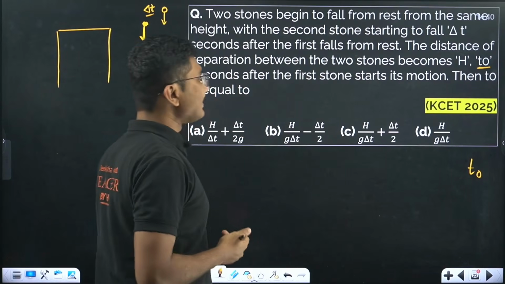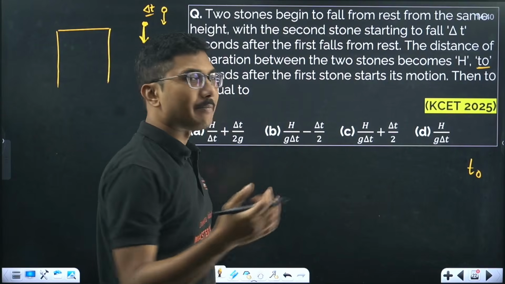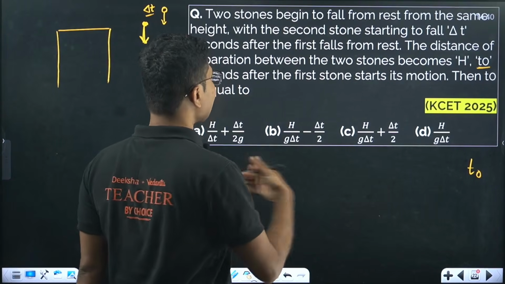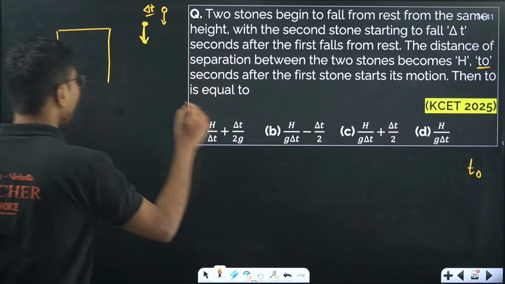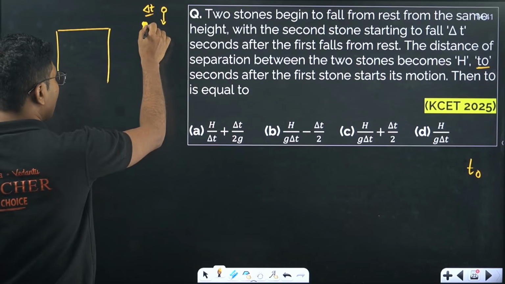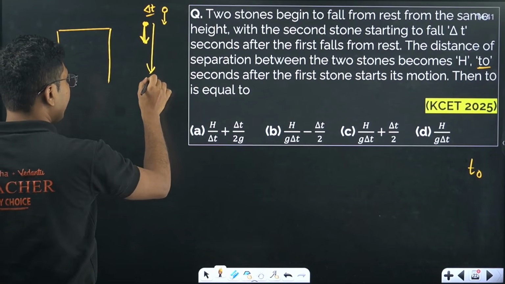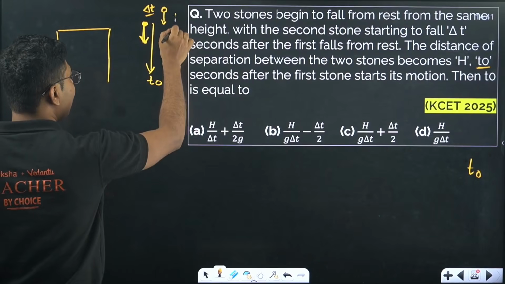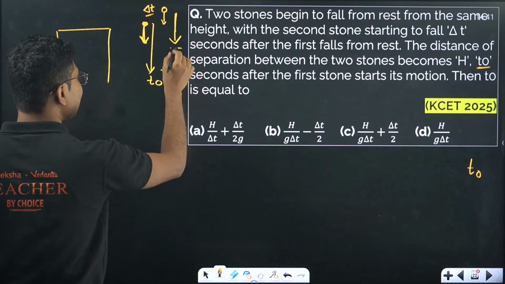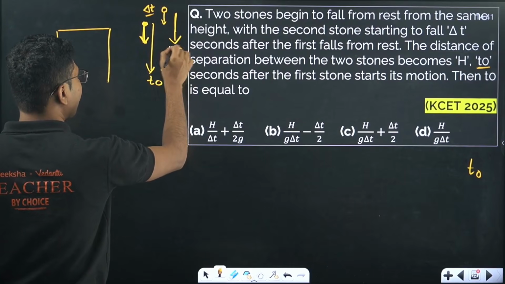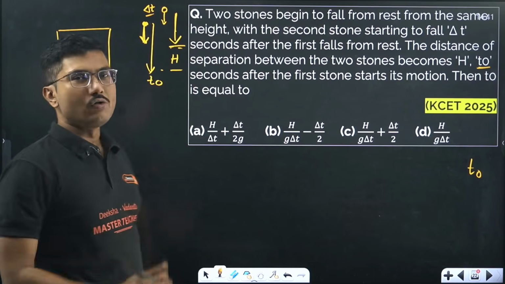Now it says that after some time t naught after the first stone starts, the separation these two stones have achieved is capital H. Now they ask you what is the value of t naught.